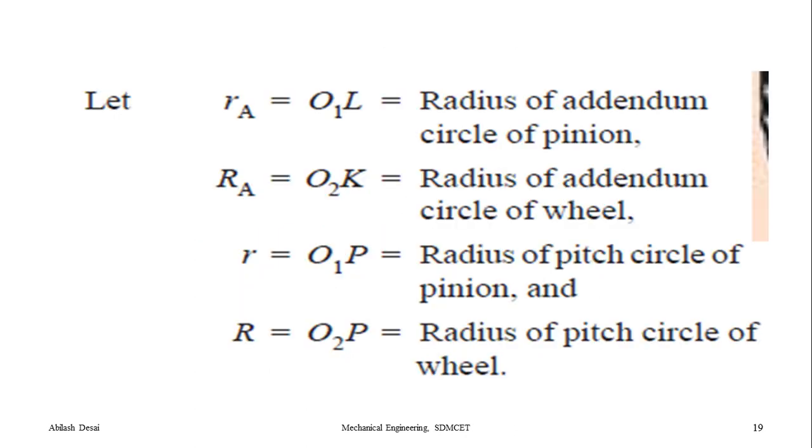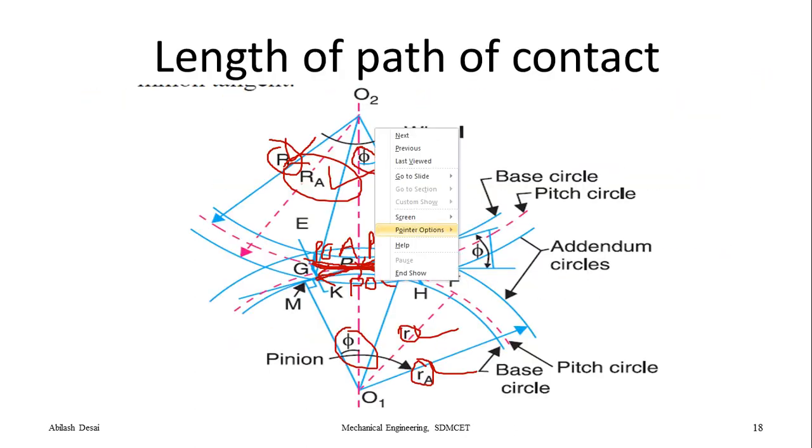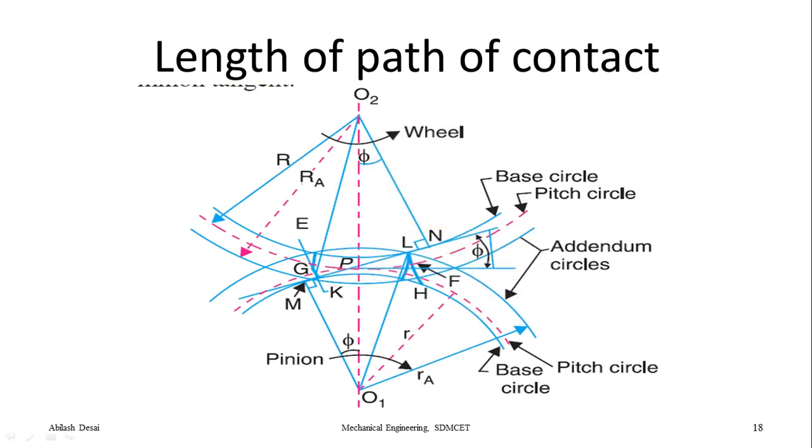First, try to draw this figure correctly. I will give you time. This figure is very important, because you are going to use it for all problems. You need this figure, and even the derivations we did now are frequently asked in the exam. This is a very important derivation as far as the gears chapter is concerned.